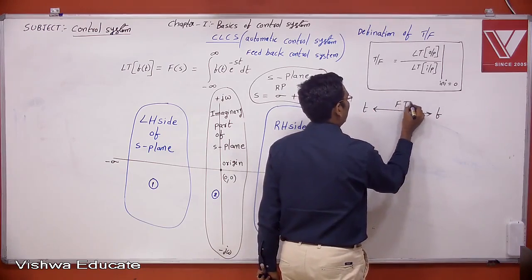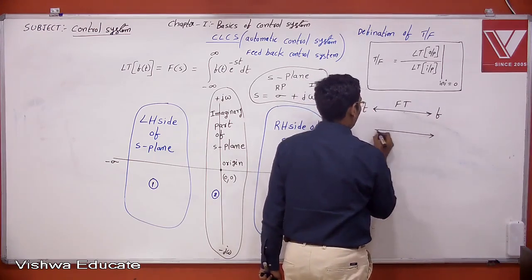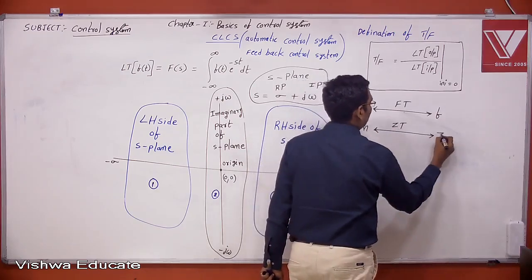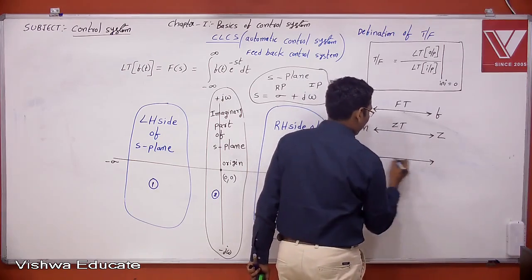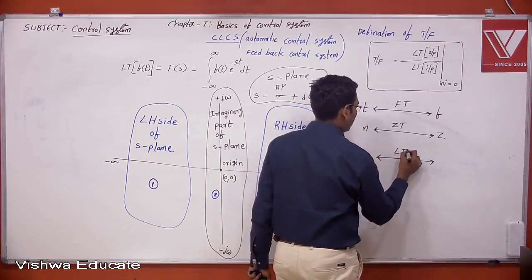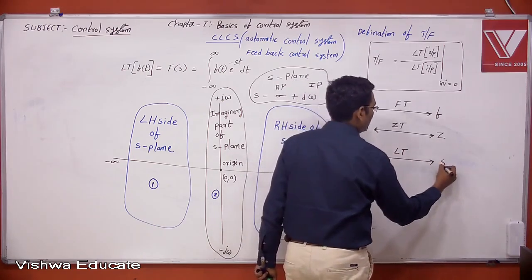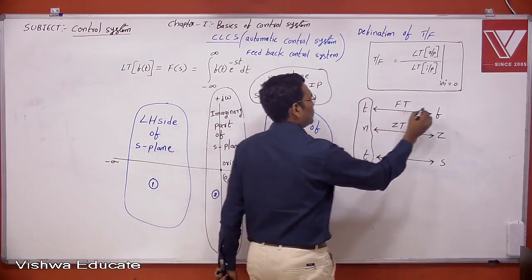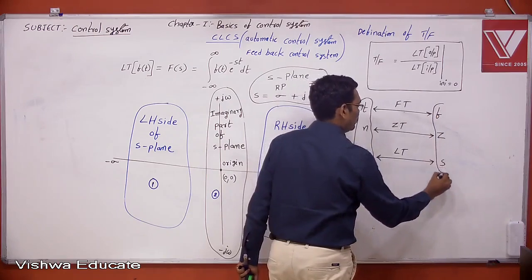The Z transformation goes from discrete time domain to Z domain. Now the Laplace transformation, which we are using here, goes from time domain to S domain. All these transformations change from one domain to another domain.